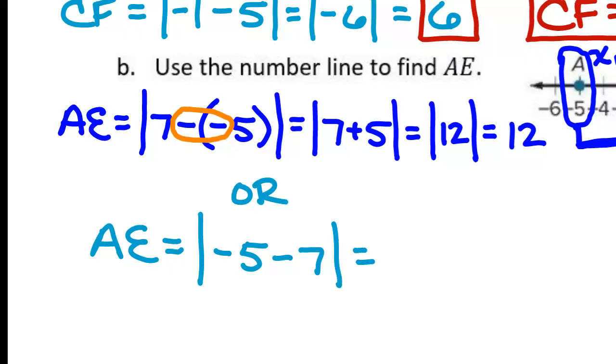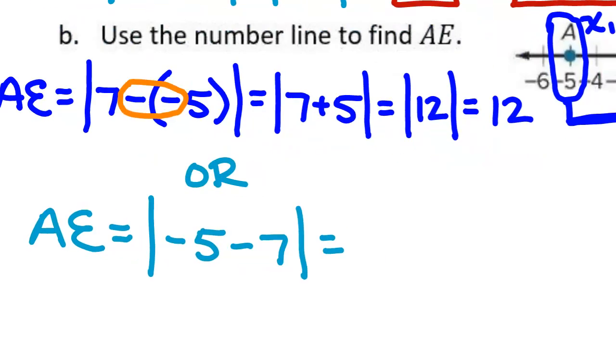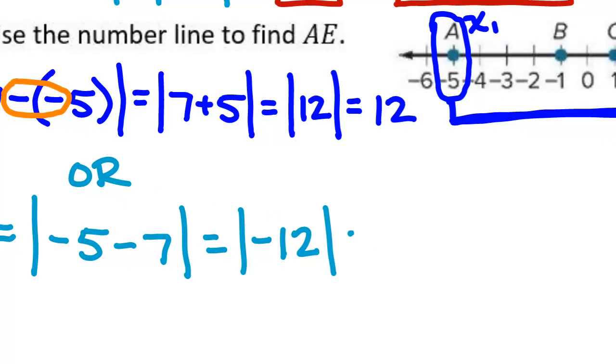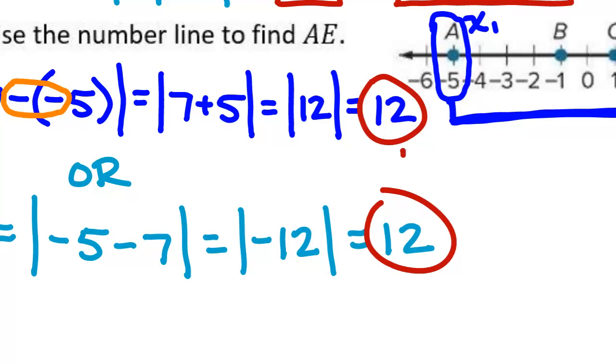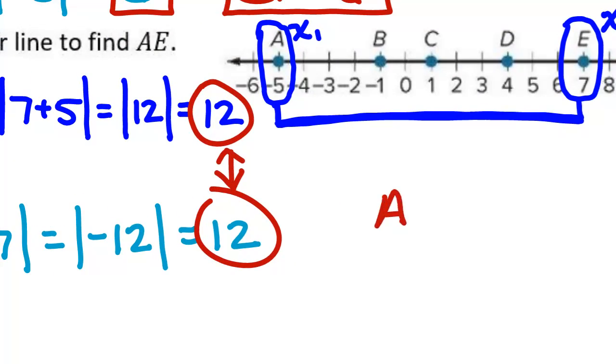What is -5 minus 7? -12. And what does the absolute value do to the negative with that 12? Makes it positive. So I get 12 no matter which way I do this. So AE is 12.